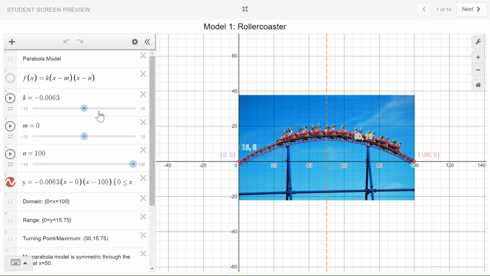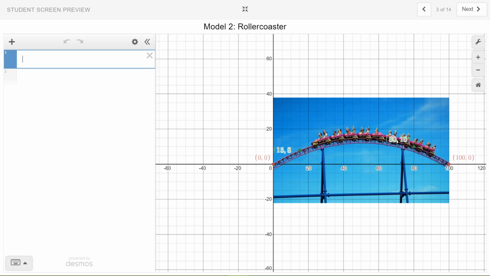Are there any questions? Please ask. I'm going to do my second model. This is what I do for my parabola model. So, my second model that I'm going to do is a cubic model.